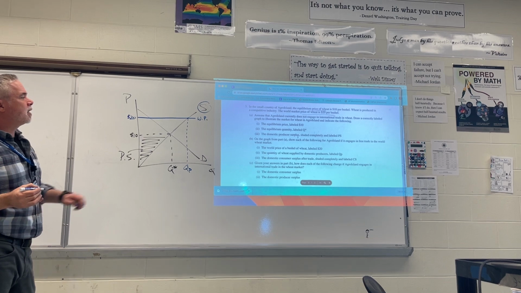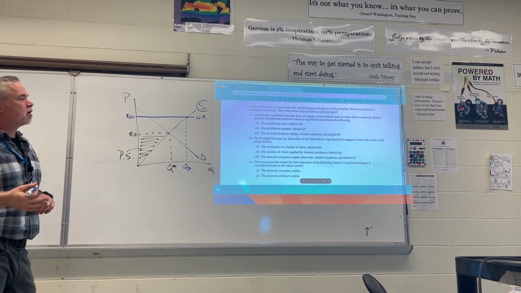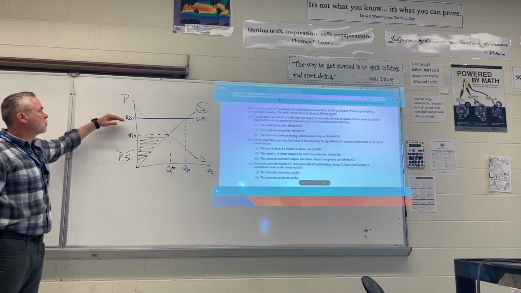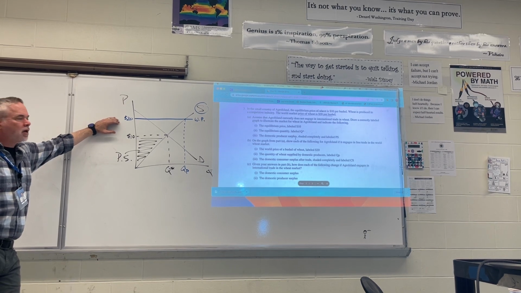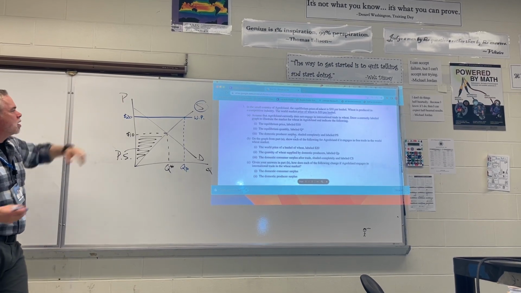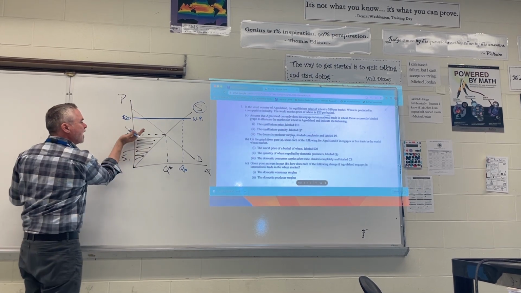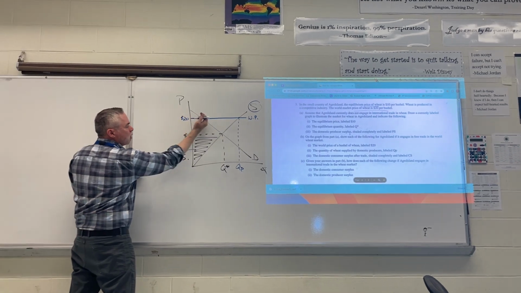And then finally, the domestic consumer surplus after trade, shaded completely and labeled CS. All right, well, if the world price goes up to $20, the domestic price is going up as well. Right, you're not charging two different prices. So that means consumer surplus is going to decrease. At $10, your consumer surplus is above the $10 price below demand.